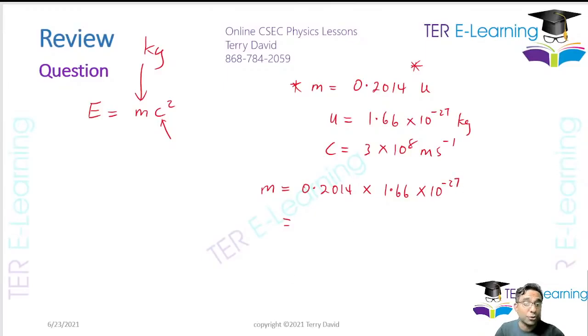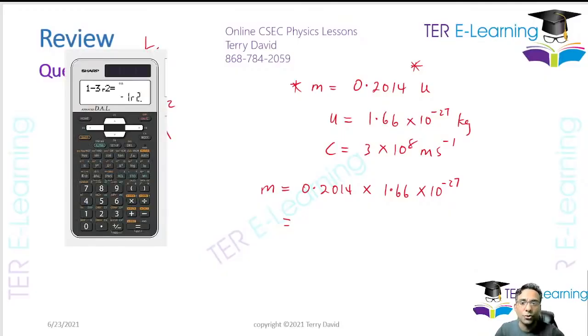Now, I'm going to show you something here. One of the biggest challenges that physics students have is that they have no idea how to use their calculator, right? That's a big problem for students. So here's what's happening. I'm going to press 0.2014 multiplied by 1.66.